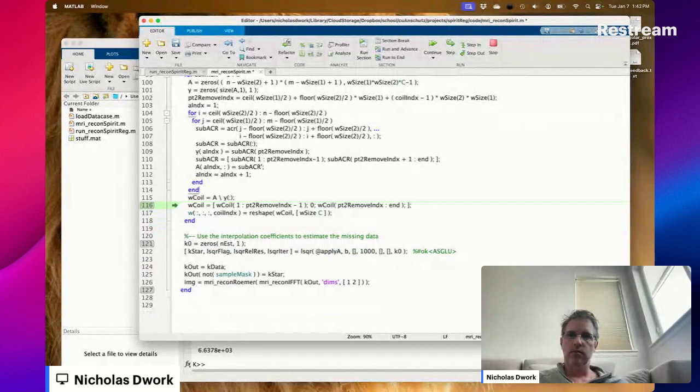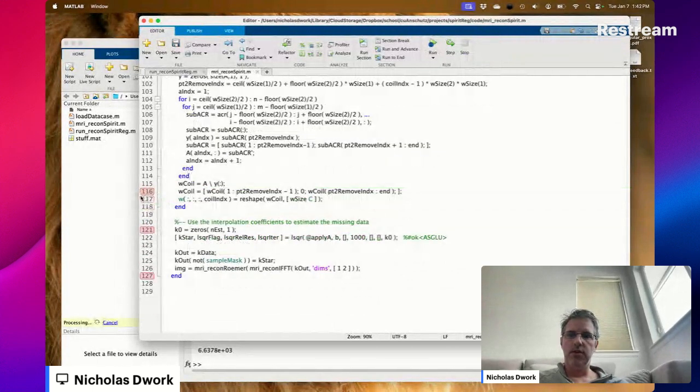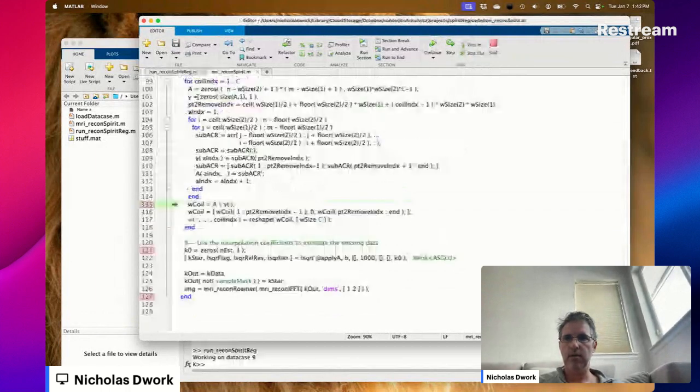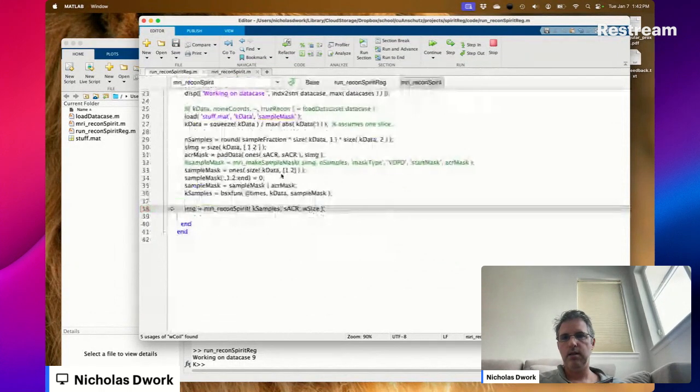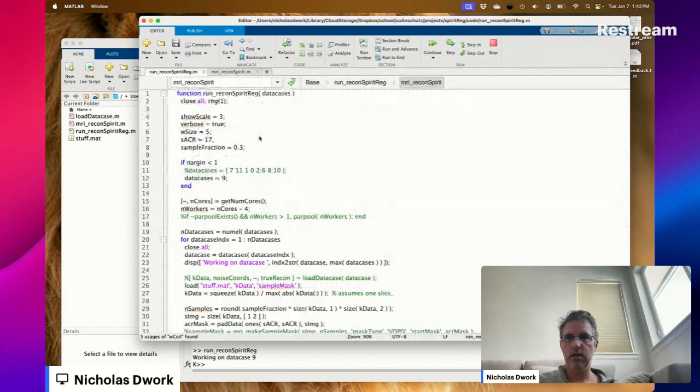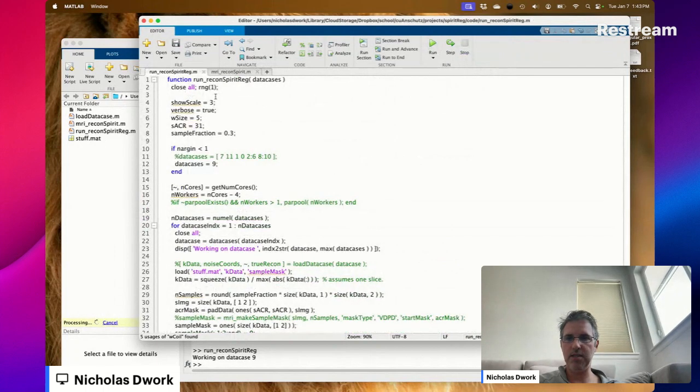It should be a highly overdetermined system. It's not. It's underdetermined. Well, that's a problem.